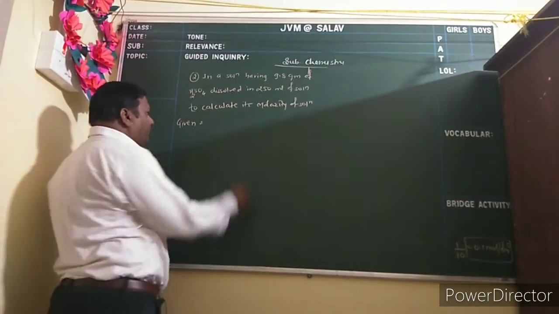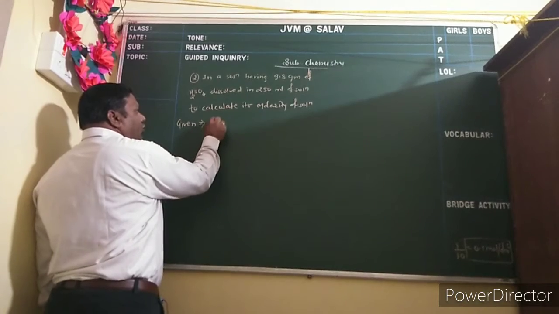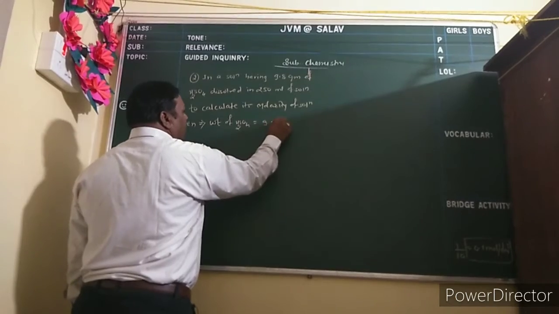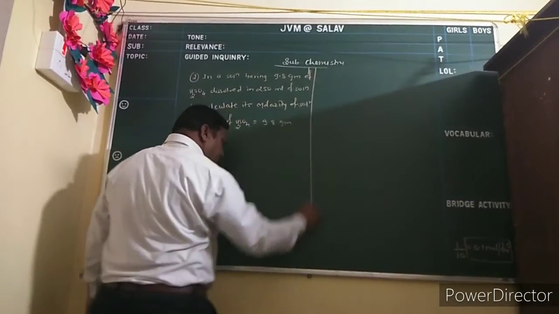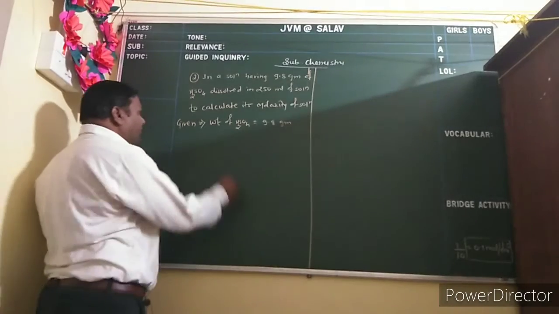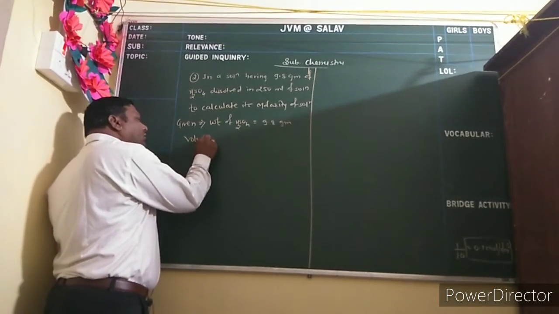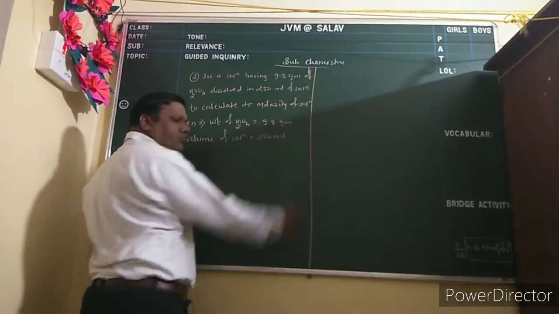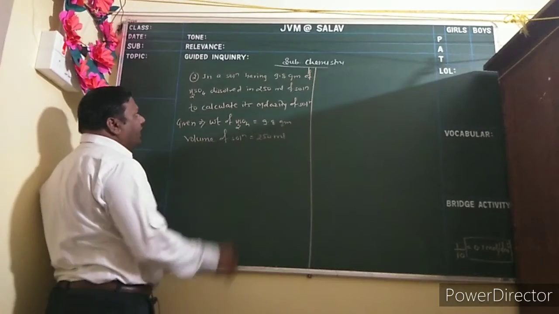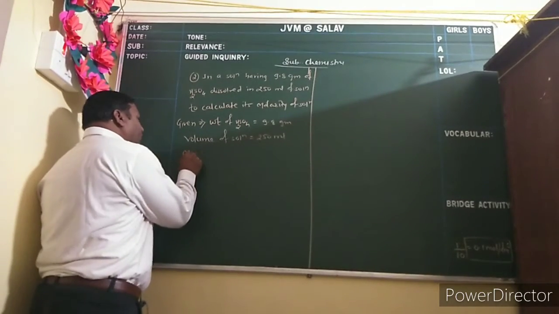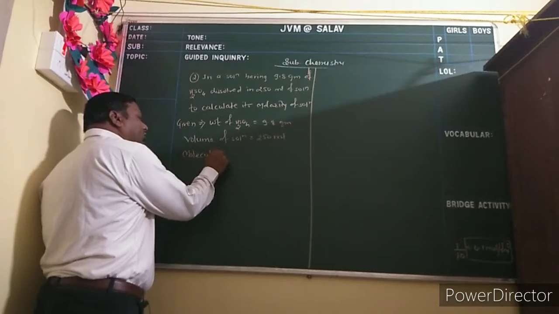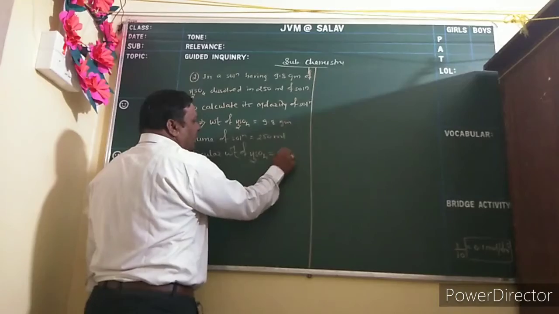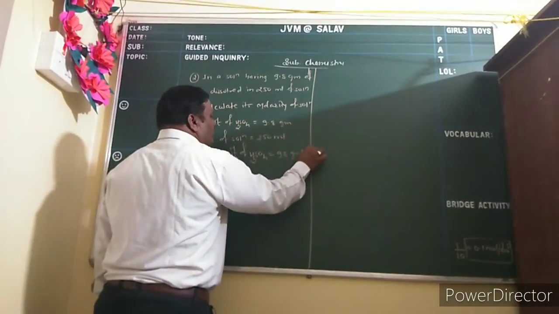Now again, here, what will be the given quantity? Weight of H2SO4, it will be 9.8 gram. Next, volume of solution, it is again 250 ml. Then the molecular weight, it's not given but you calculate here, molecular weight of H2SO4, it will be 98. You know how it is calculated.